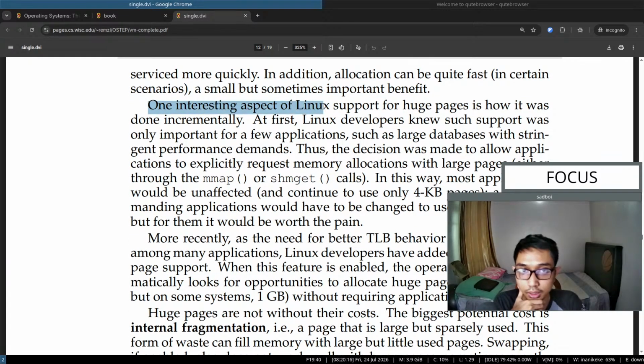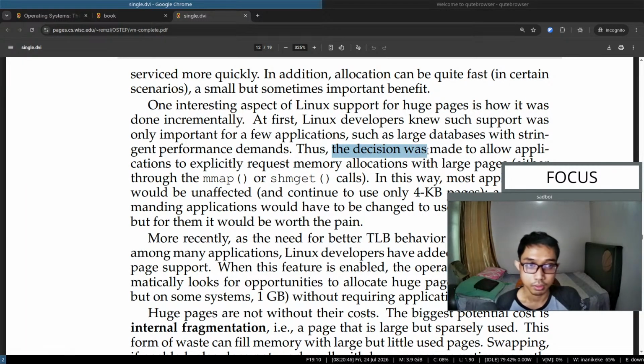One interesting aspect of Linux support for huge pages is how it was done incrementally. At first, Linux developers knew such support was only important for a few applications, such as large databases with stringent performance demands.